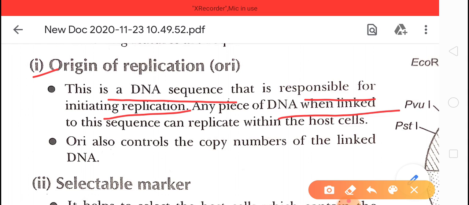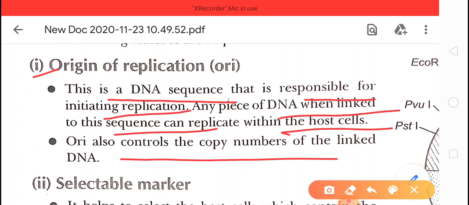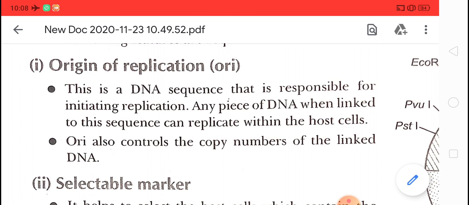Any piece of DNA when linked to this sequence can replicate within the host cell. So ORI is present in the vector, and from here the replication begins. Clear? ORI also controls the copy number of the linked DNA.